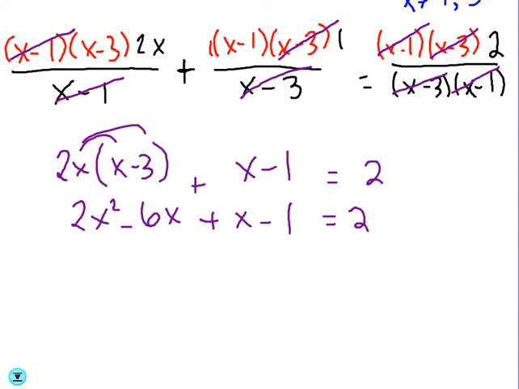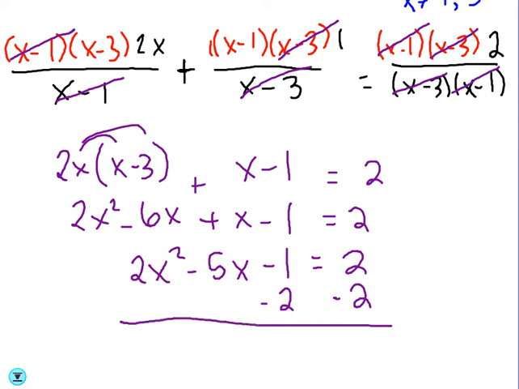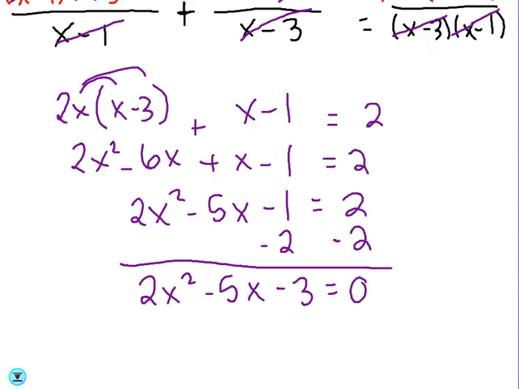So not only am I going to combine like terms, 2x squared minus 5x minus 1 equals 2, I need to move everything to the left side, or one side. So I'm going to subtract 2 on this side. 2x squared minus 5x minus 3 is equal to 0. There's nothing more that I can factor out with a GCF.